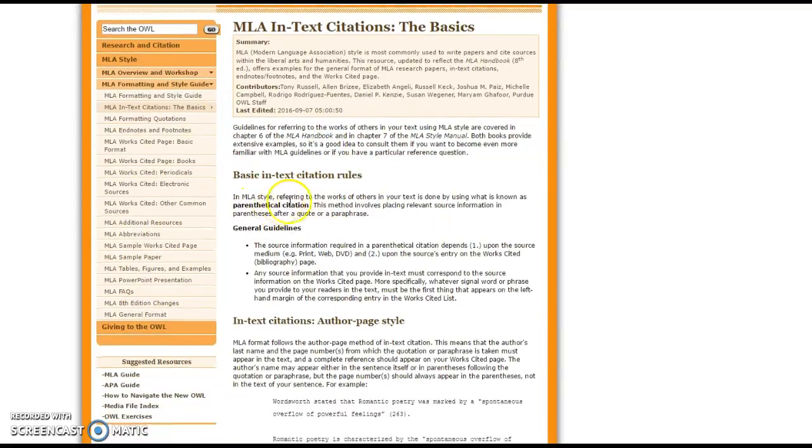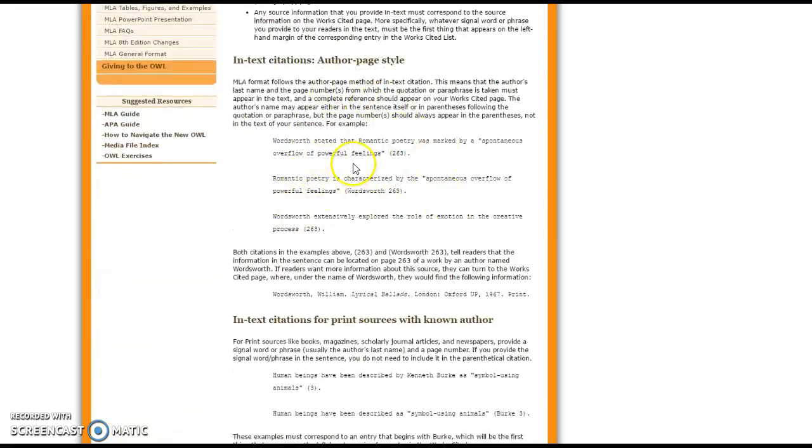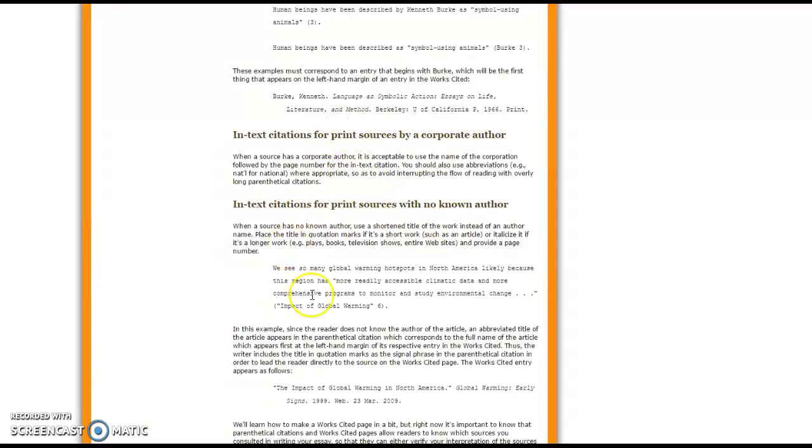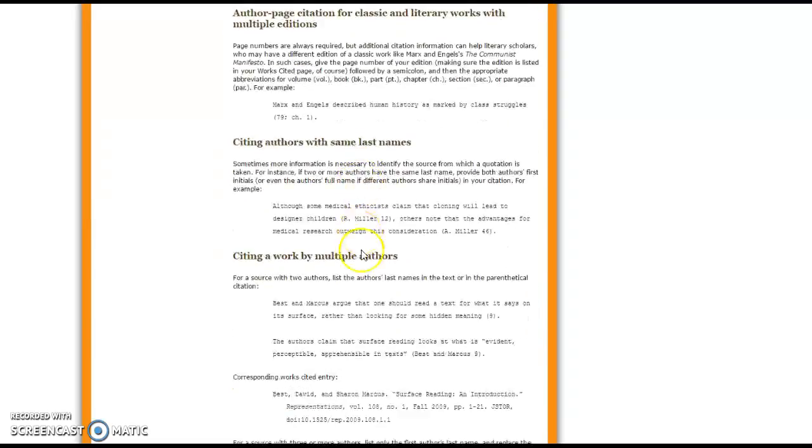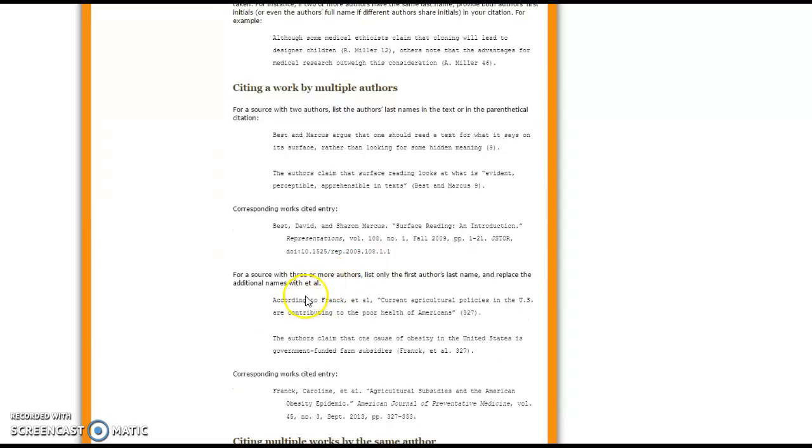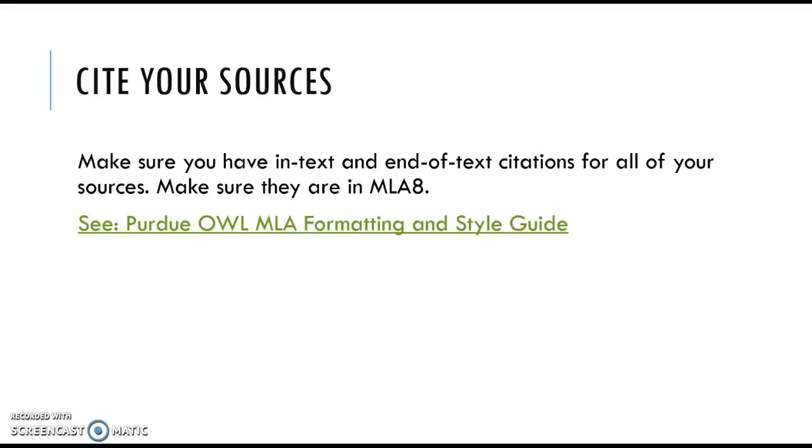You'll see it'll cover the basic rules, it'll give you some examples, and it'll talk about how you can handle some tricky situations. So I'm covering the basics in this particular presentation. If you want more complex information, if you want to know how to handle tricky situations, look at that Purdue style guide. It'll be really, really helpful to you.